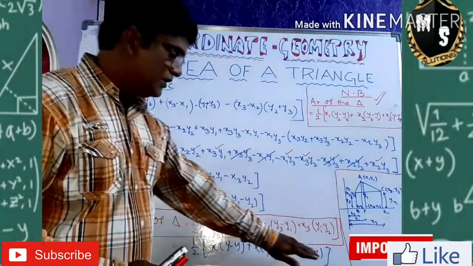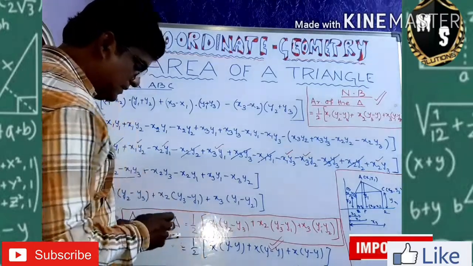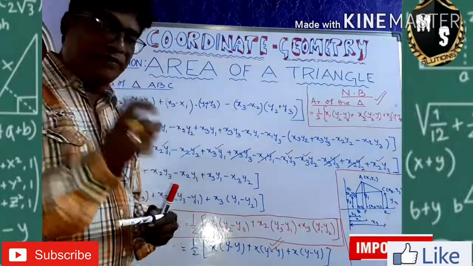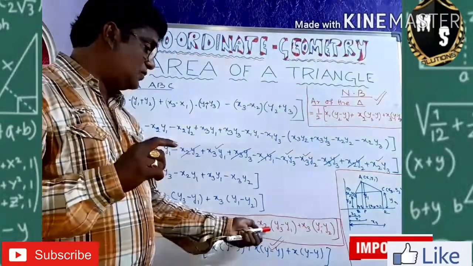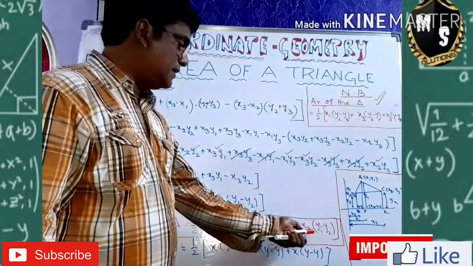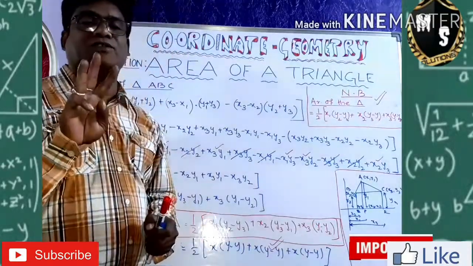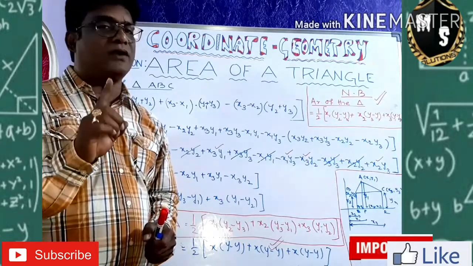Same term you write 3 times. Clear? Then what is your number? 123. See, 1, 2, 3. This number you have to remember: 123, then it is 231, and this is 312. So 3 numbers you have to put: 123, 231, and 312.